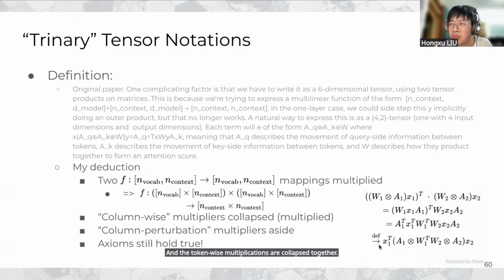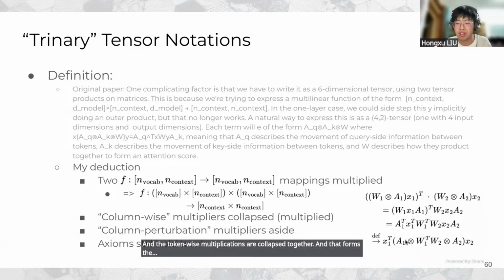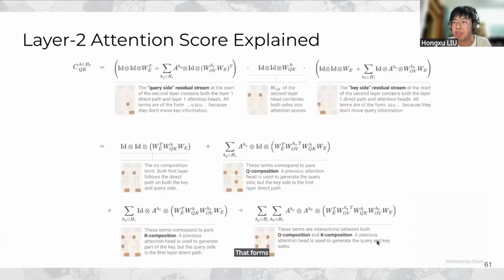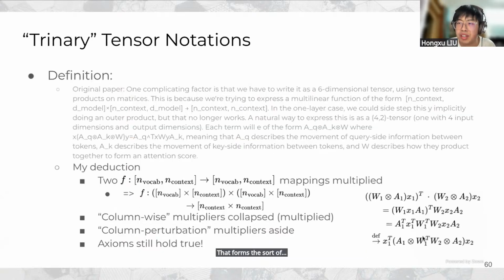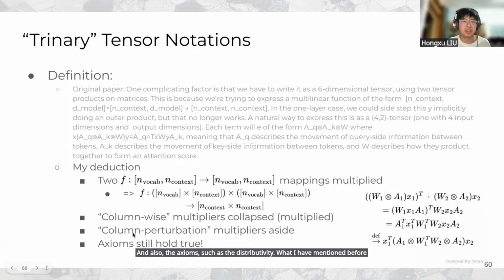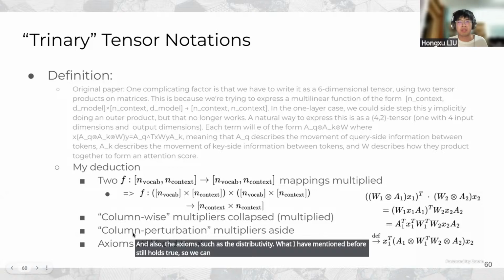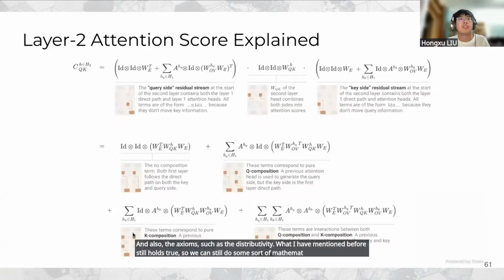That forms the trinary tensor notation. Also the axioms such as distributivity, which I have mentioned before, still hold true. So we can still do mathematical deductions.